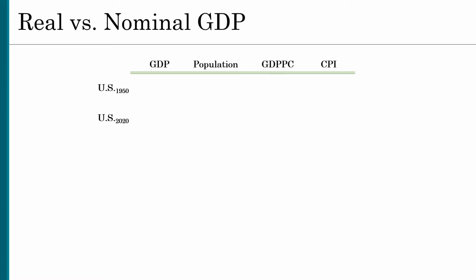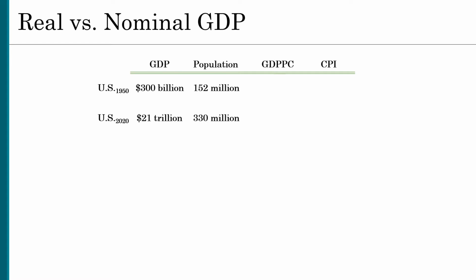Nominal GDP, which is the regular value we would calculate for GDP, in 1950 was $300 billion, and in 2020 it was $21 trillion. These are the values for GDP we get using the production approach or the income approach or the expenditure approach. The population in 1950 was 152 million people, while in 2020 we had 330 million people.